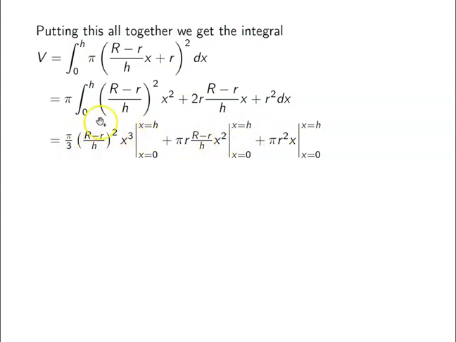So I'm going to get this whole constant term h cubed, right? Minus nothing. Plus this whole thing h squared plus this whole thing h. Okay. So here I'm plugging in h. Here I have my h as well.